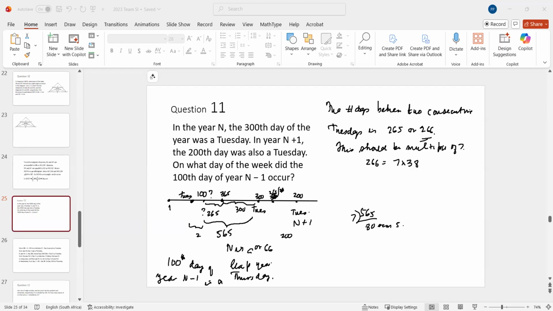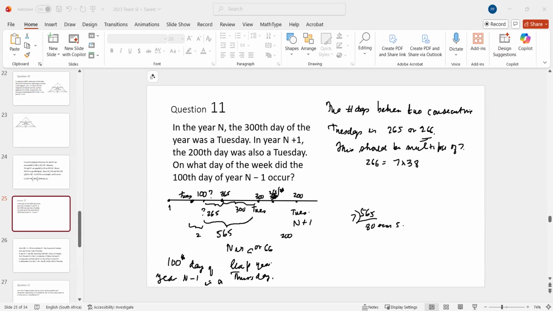This is quite a tricky problem, but it doesn't require too much. You just need to know how many days there are in a year. Just be careful: the number of days in a year is either 365 or 366. And the information given allows you to conclude that there's a leap year in between, because 266 arises out of a year which has 366 days.